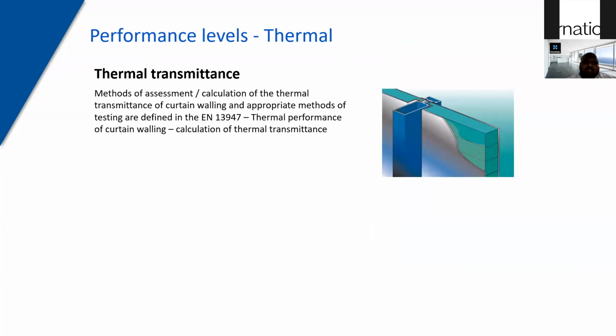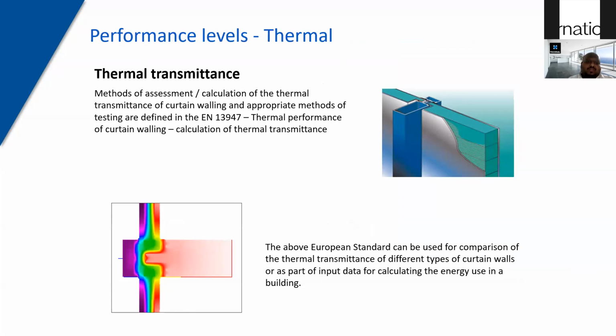Thermal transmittance is basically, we follow EN 13947, that's the standard governing this, where we try to calculate the thermal performance of the curtain wall. And essentially, as you see here, if you use an aluminium curtain wall system, aluminium is a great conductor of heat and cold. So you will need to have a thermally broken curtain wall to ensure that heat from outside is not transferred inside.